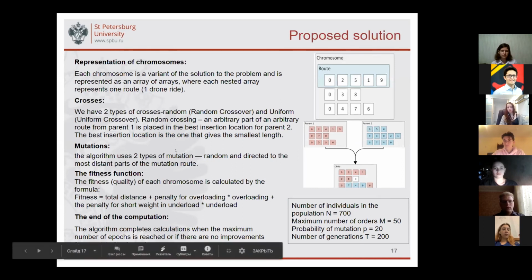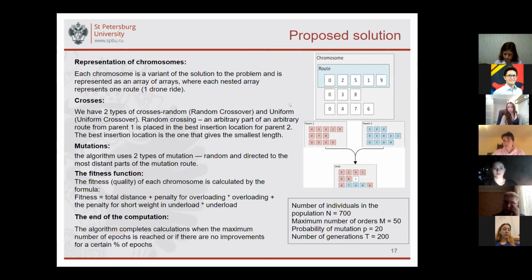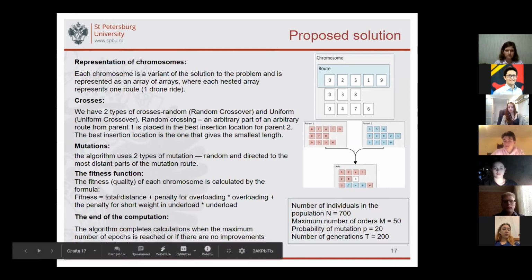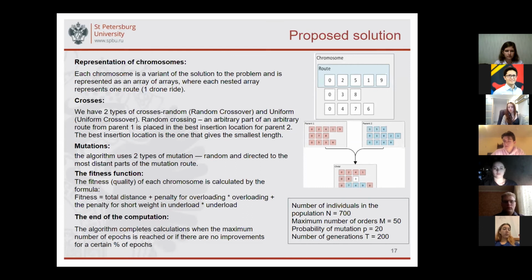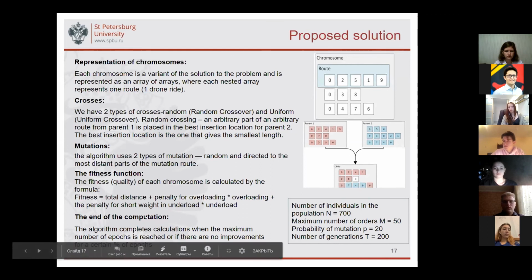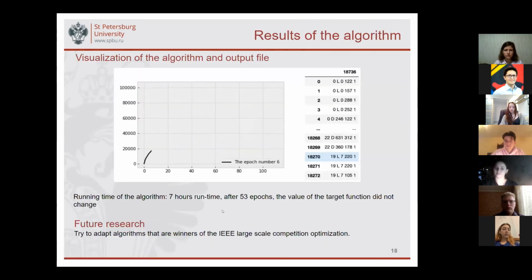On this slide, you can see how the parallel genetic algorithm works. Here is our fitness function: total distance plus the penalty for overloading multiplied by the overload, plus the penalty for underload multiplied by the underload.